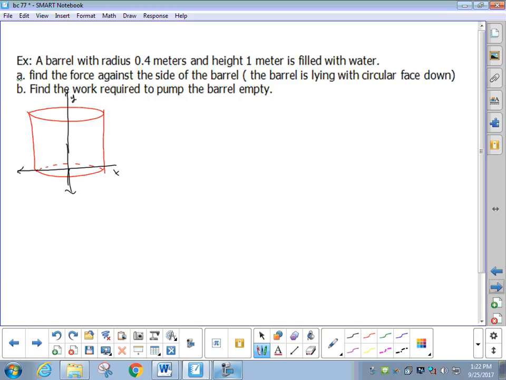That's where I put my origin. It's up to you. It requires you to guess and improvise. It's not just regurgitation.